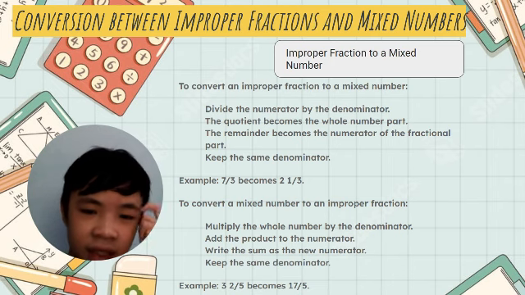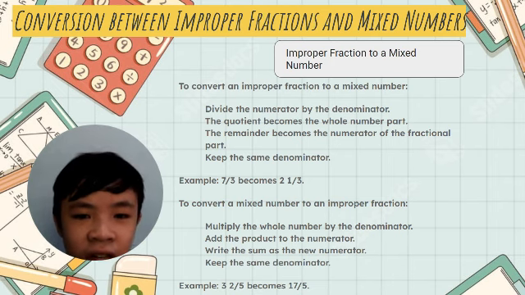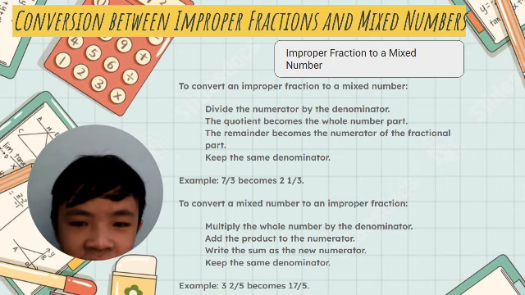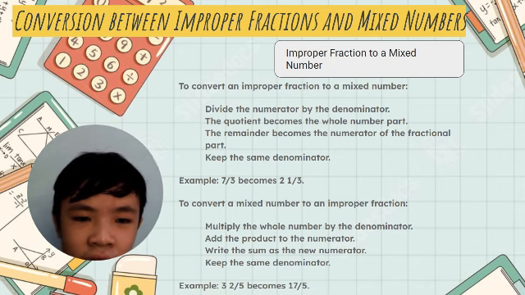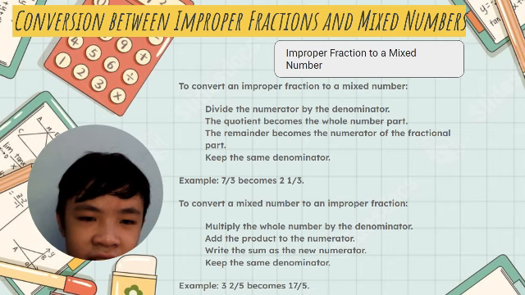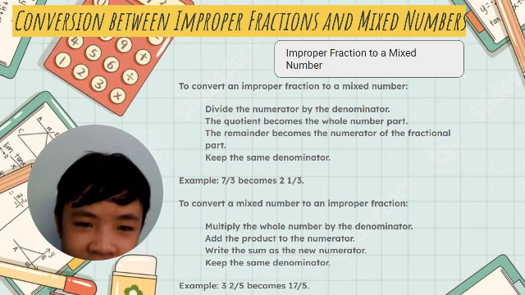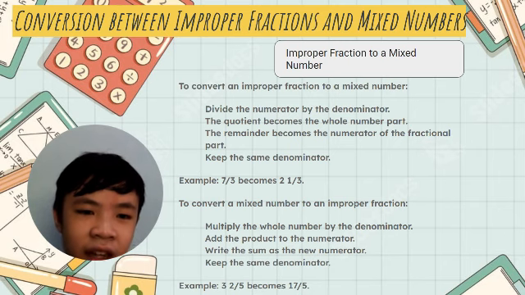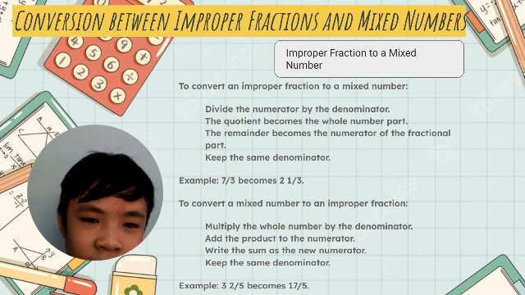Now when we have a mixed number and we want to convert it into an improper fraction, here's what we do. Multiply the whole number by the denominator, then add the product to the numerator, then write the sum as the numerator, and finally keep the same denominator.